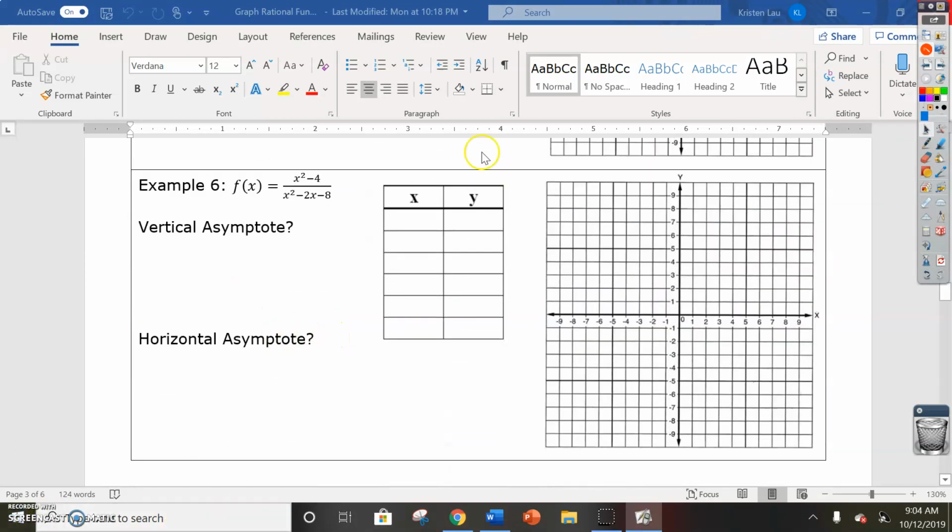Okay. And so now I'm going to do the last one, example 6.